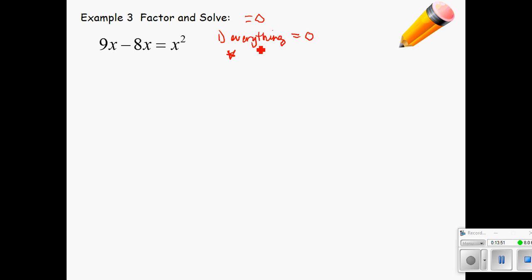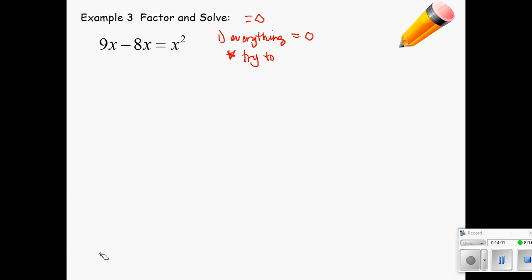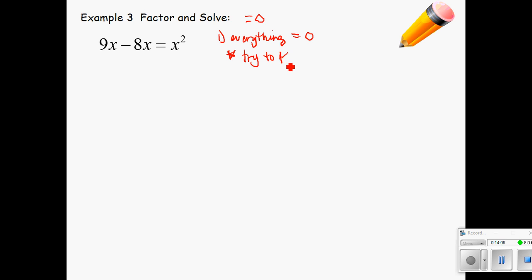When you do that, try to keep x squared positive at all times. Factoring is a pain when x squared is not positive.